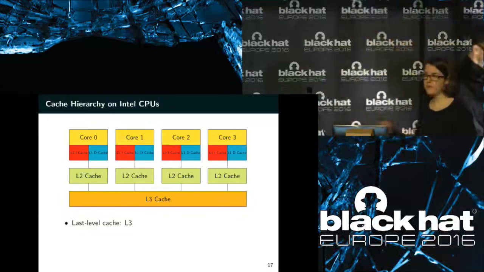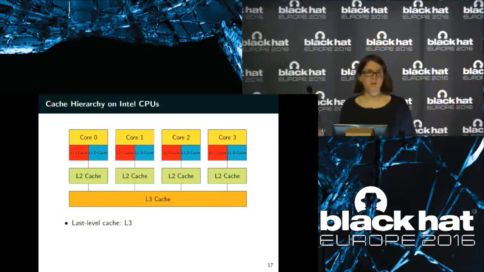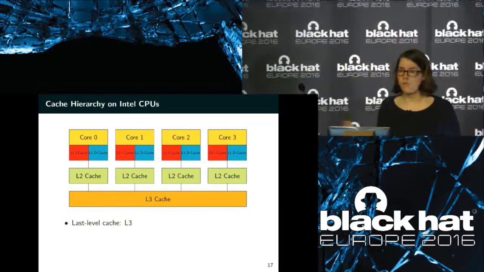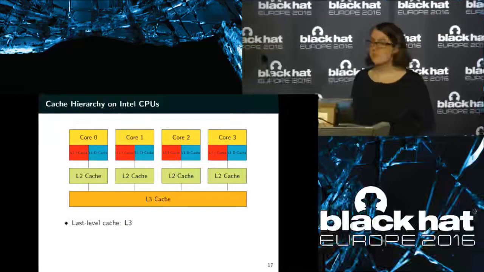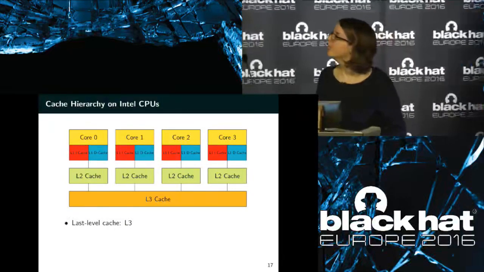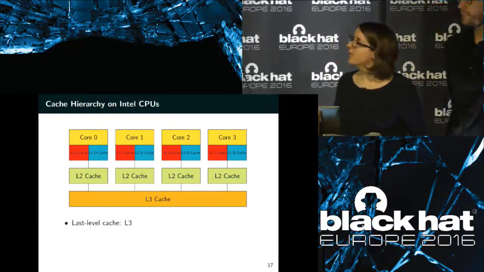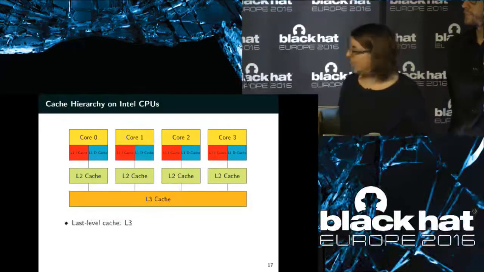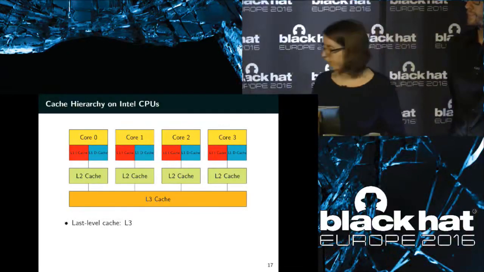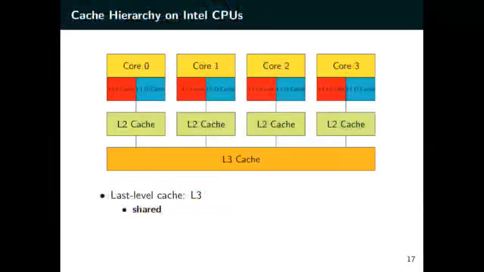Besides cache maintenance and timing, we also have the cache hierarchy that is quite different on ARM and on Intel CPUs. So this is for modern Intel CPUs. We usually have 3 levels of caches. Level 1 and level 2 are private to each core, and we have the last level cache, level 3, and this one is shared. It's also inclusive, which means that everything that is in level 1 and level 2 will also be in this last level cache.